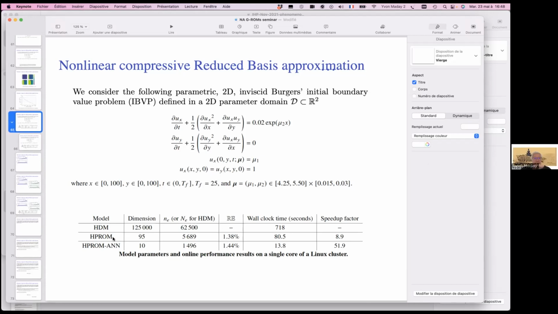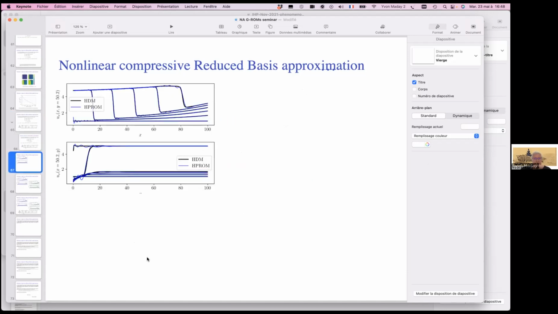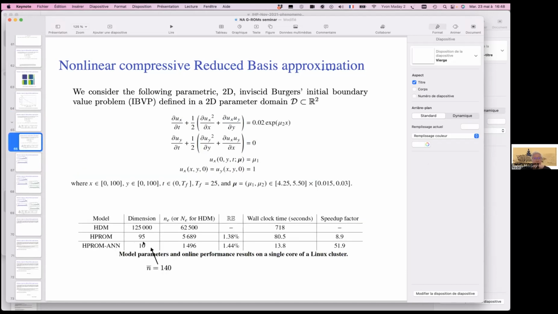Yes, I said that for the classical ROM the accuracy is the same here, because at the end we use about the same total number of coefficients, even larger. If we want to improve this, we will need to go to 1000, because the Kolmogorov n-width is like 1 over the square root of m.